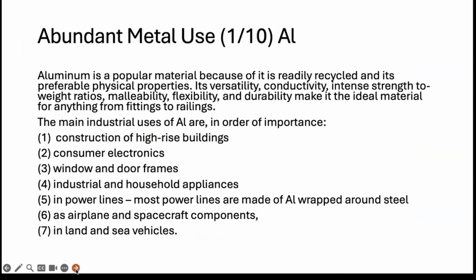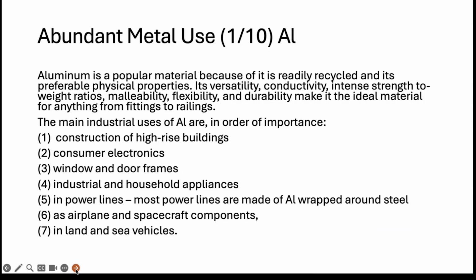So they're useful. Let's start moving through the abundant metals. We've got 10 of them we're going to talk about, and aluminum is number 1 in the book. I'm not sure how they organize this. It may be alphabetical.